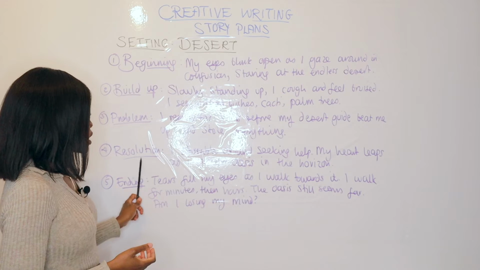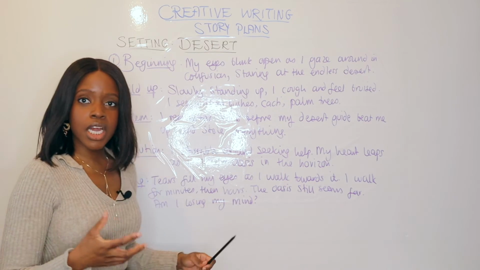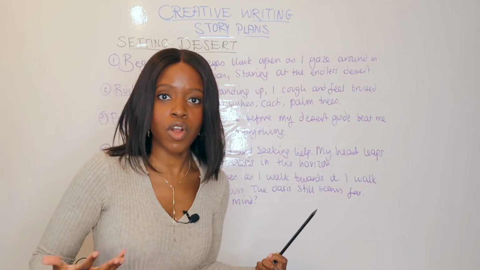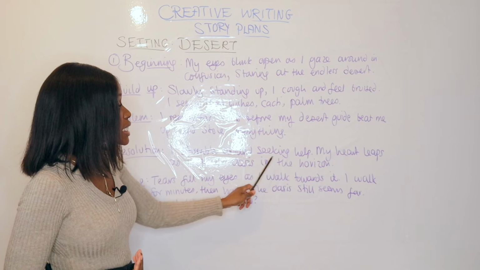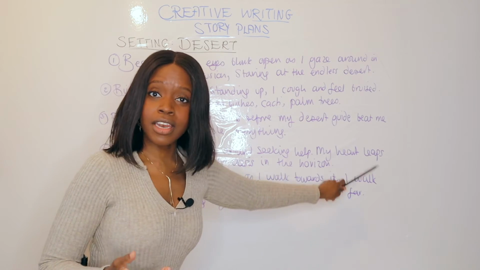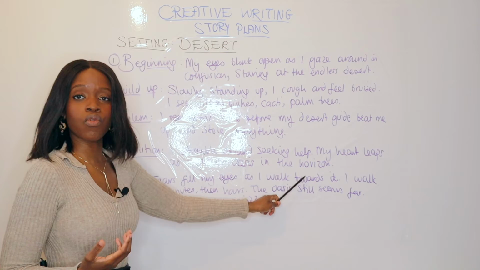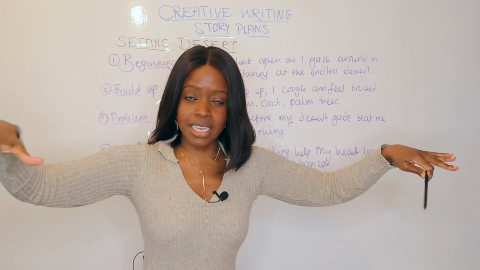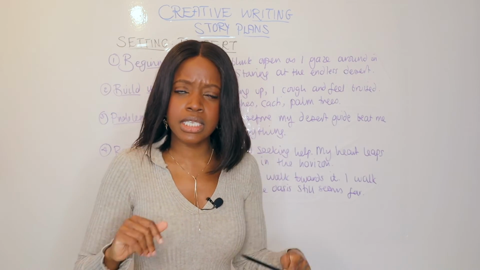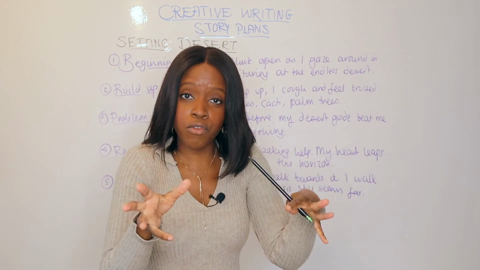Now, in your resolution, fourth paragraph, you decide, okay, I need to somehow survive. What can I do? So you stumble around seeking help, and your heart leaps with joy when you spot an oasis on the horizon. You spot an oasis in this vast desert. You can see just in the distance what seems to be a little body of water.